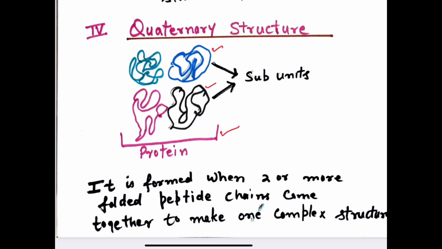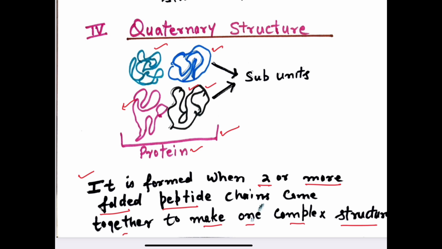So the definition is, it is formed when two or more folded peptide chains, see they are already folded, come together to make one complex structure, which is this protein. So that's a quaternary structure.